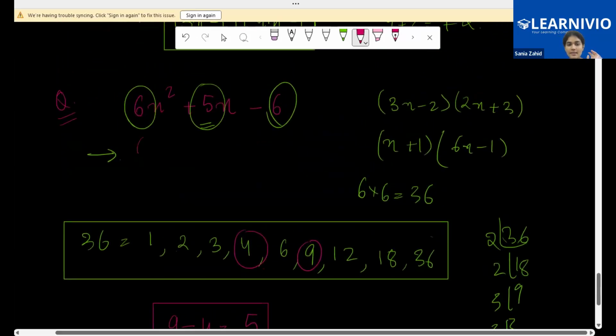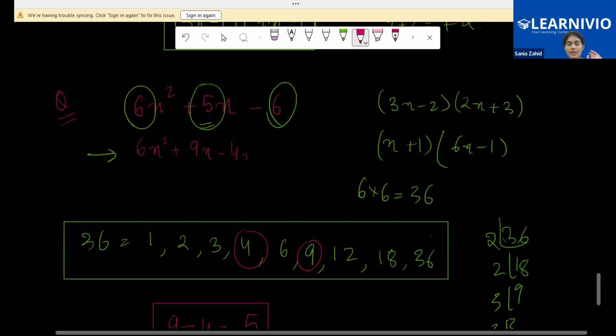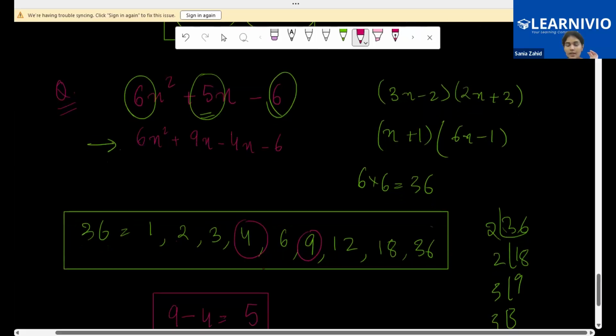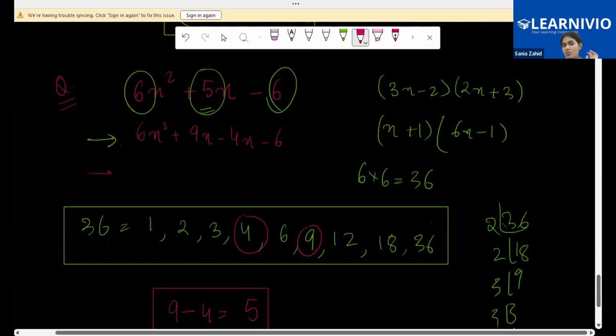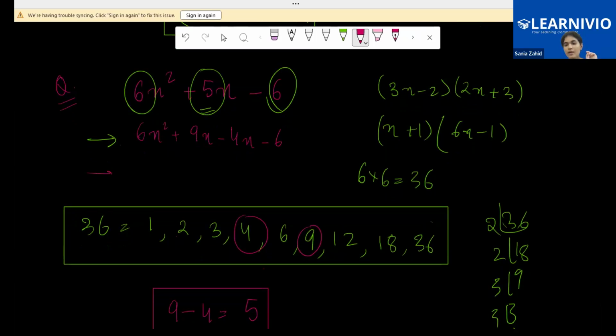So now I can take 6x square plus 9x minus 4x minus 6, right? So from 6x square and 9x, what can I take common? Abdullah will tell me. Abdullah, what will I take common? Ma'am, 3x.